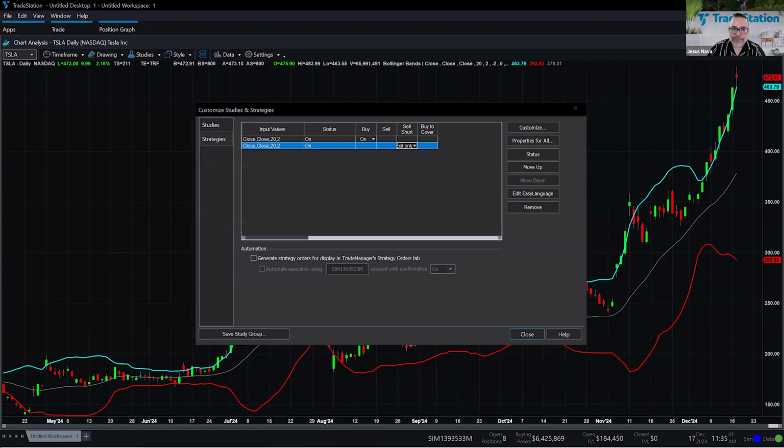And what we're going to use it for is instead of entering short, it'll just use the same criteria, but to exit my long. I'm just going to click on close.